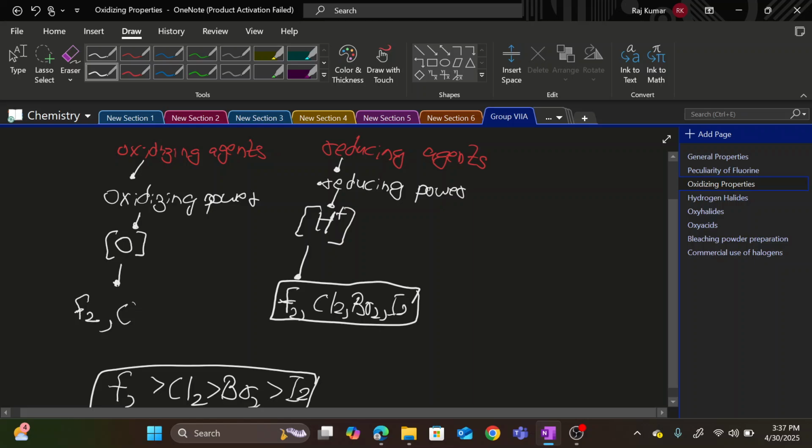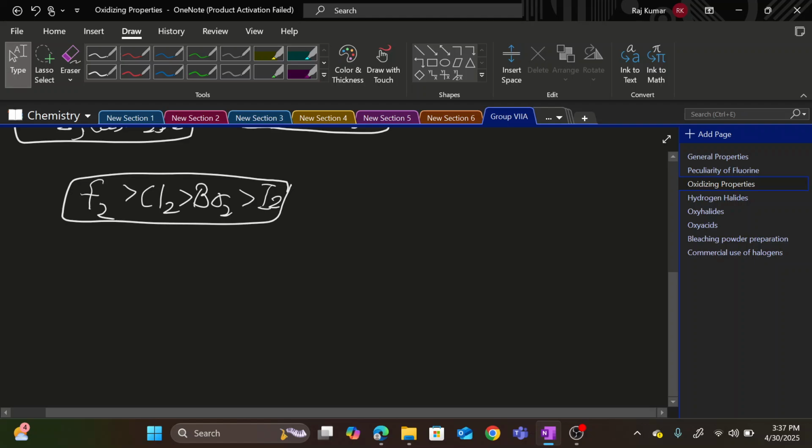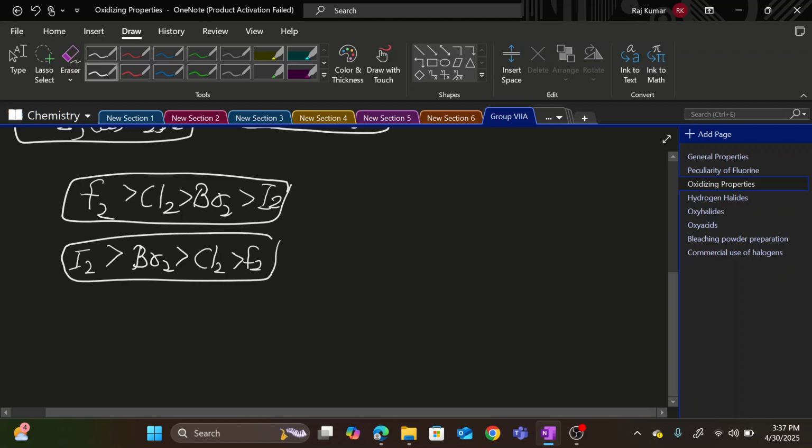The strength order for both of them is reverse. When they are in free state, fluorine is the best reducing agent among all the halogens, and iodine is the best oxidizing agent among all the halogens.